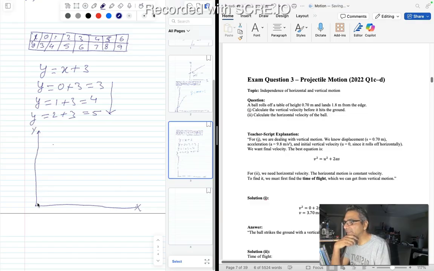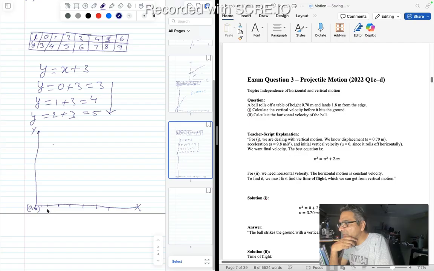This is the x-axis. Again, this point is 0 and 0, right? Now let's bisect these into some values. Let's make a big 1, 2, 3, 4, 5, 6.